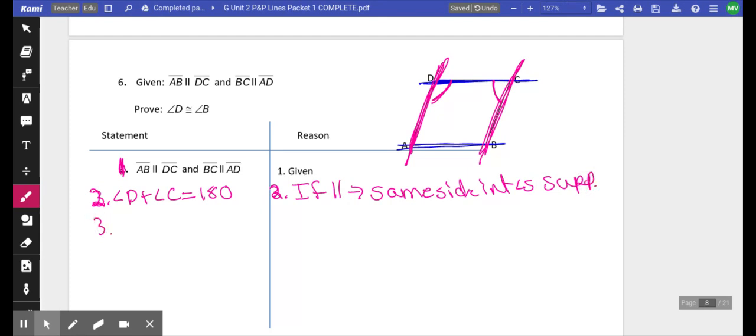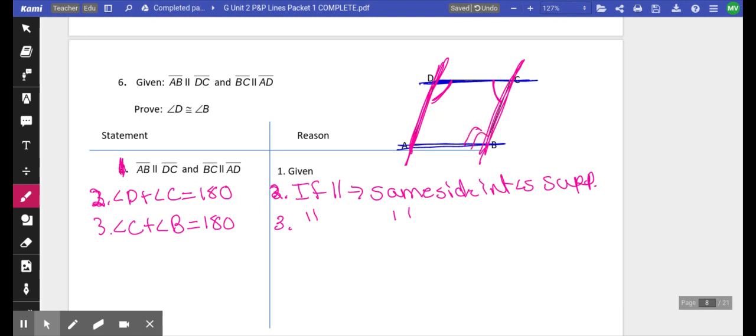And then if I look at my blue lines, I know that angle C plus angle B equals 180 because same reason, if parallel lines, same side interior angles are supplementary.